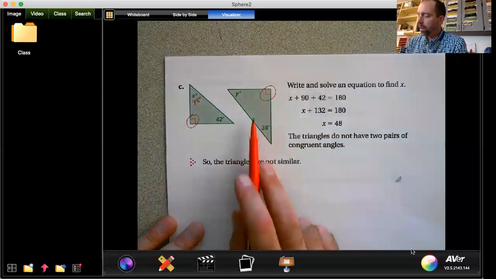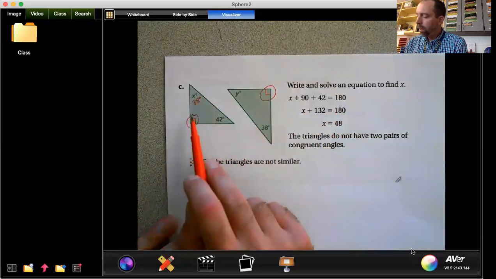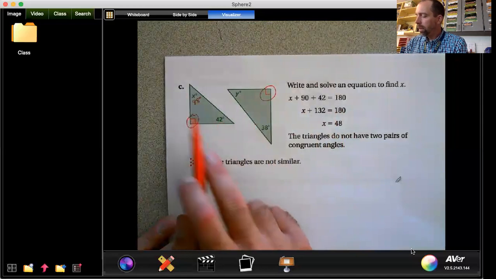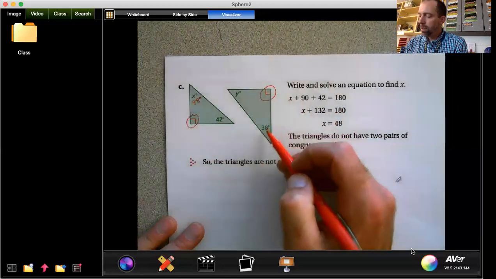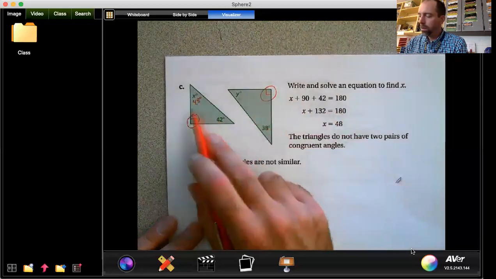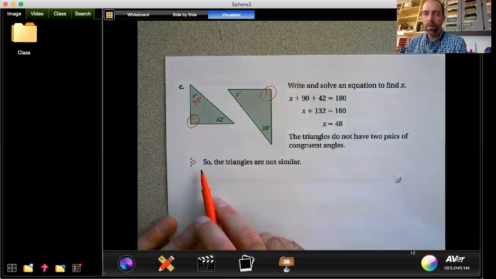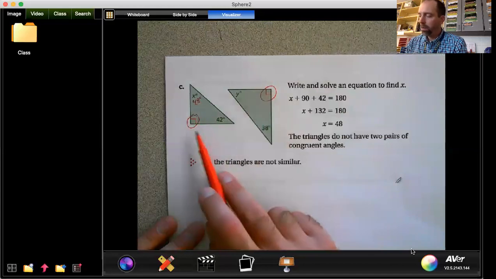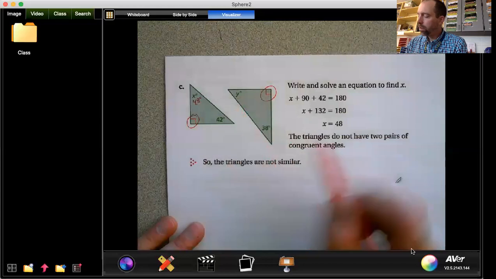Now, when we look at this, I have a 90 and a 42, and a 90 and a 48. Well, if this is a 90 and a 38, 38 is not either of these angles. So they cannot be similar because they don't have two angles that are congruent. They only have one pair of angles. We could go ahead and find this other angle if we wanted to.